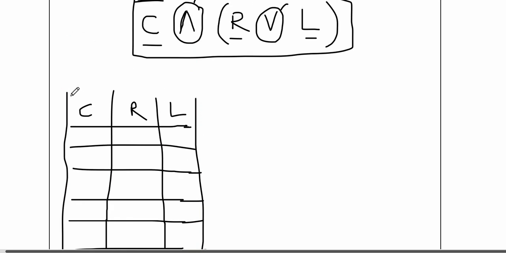Because there are 3 variables, I'll show you the technique of easily doing it. We start with true and true, that is, both R and L are true. Then R is true but L is false. Then R is false but L is true, and then both are false.